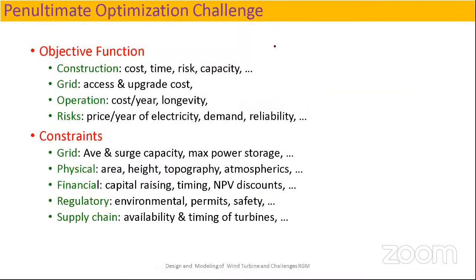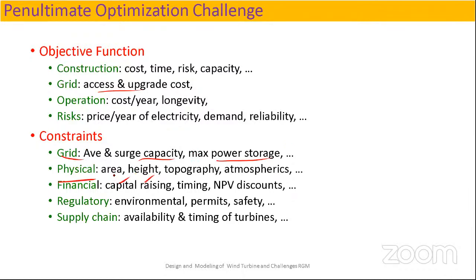Okay, so what are the challenges you face? The construction cost, time, risk, and grid. Then grid and operations cost per year, and constraints: the grid availability, surge capacity, maximum power storage, physical area, height.